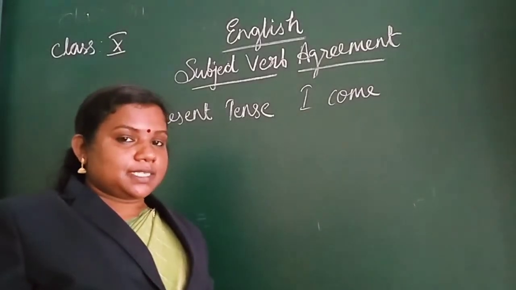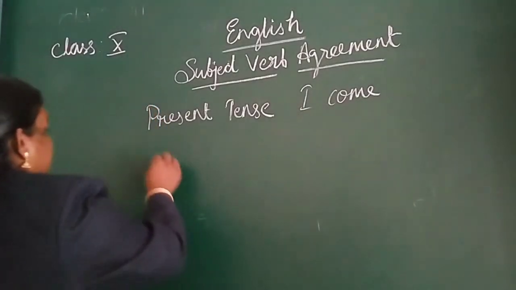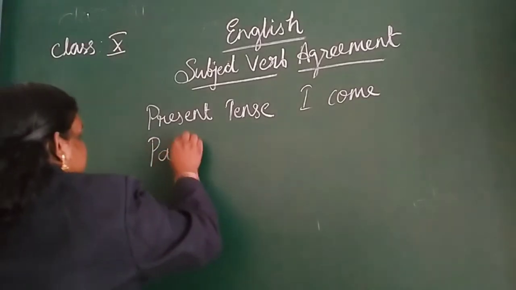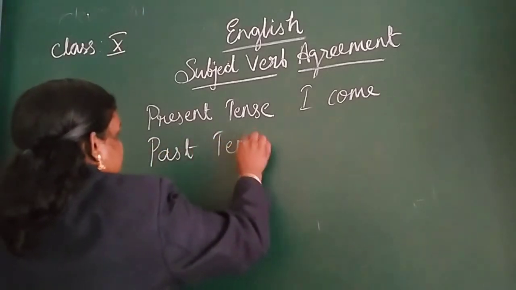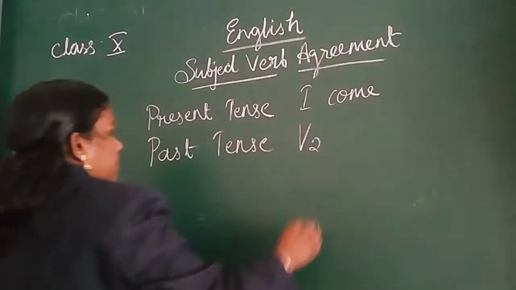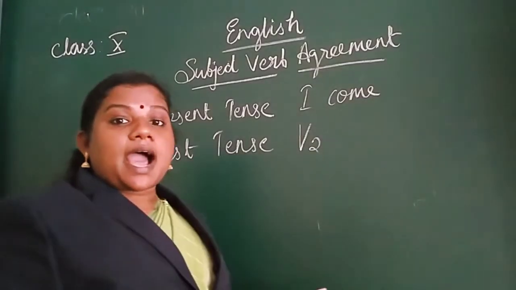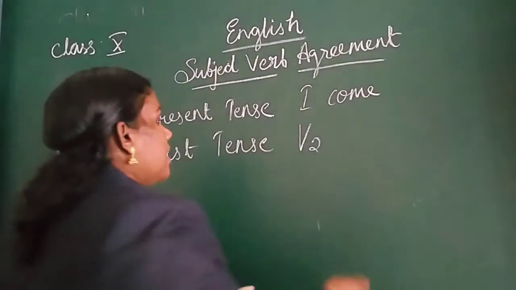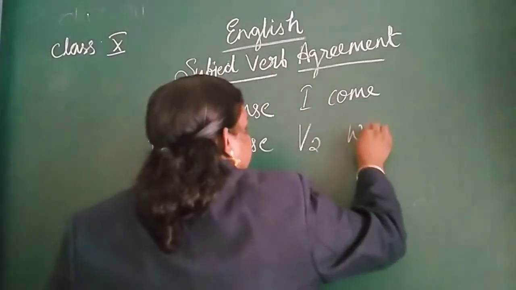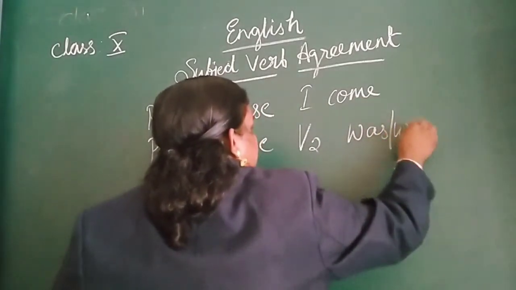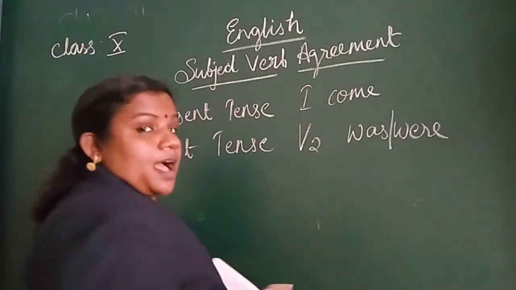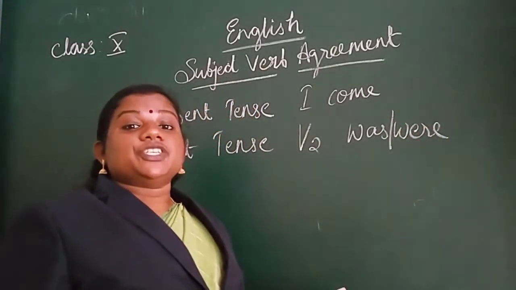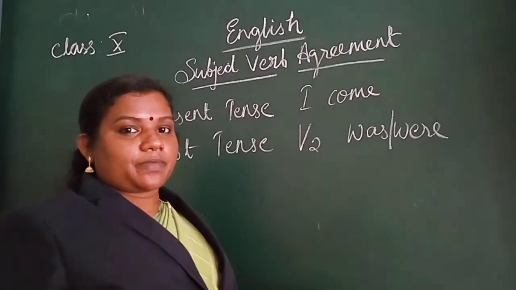And past tense, second form of the verb, I came, she came. In past continuous form, was or were, I was coming, she was doing.